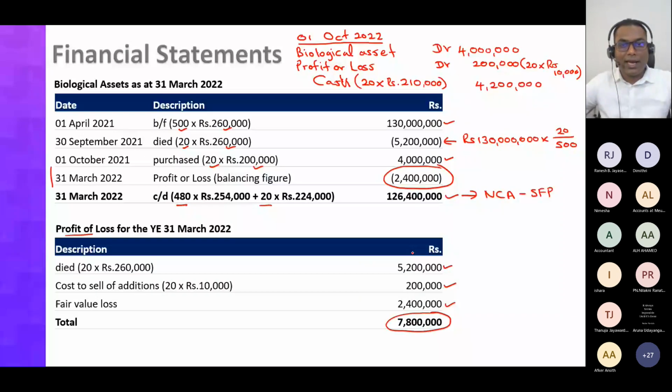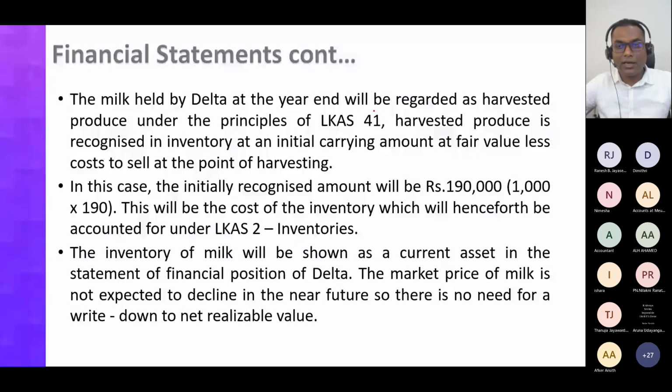Milk held by Delta at the year end will be regarded as harvested produce under the principles of LKS 41. So it has to be measured at fair value less cost to sell, 190 rupees per liter into 1,000 liters, 190,000 rupees. Then this particular agricultural produce after the point of the harvest would become inventory.